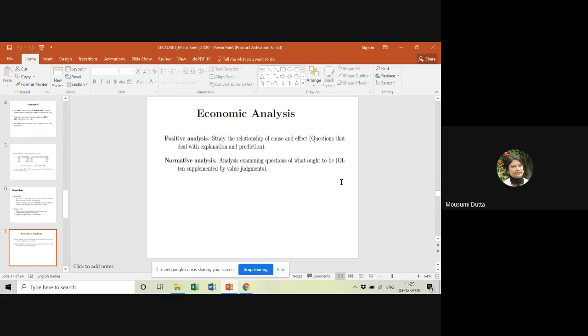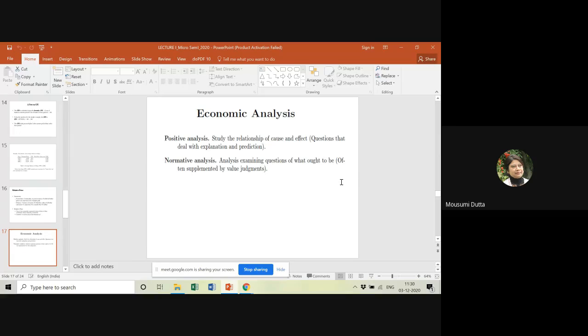What is positive analysis? It studies the relationship of cause and effect, questions that deal with explanation and prediction. If this is the market price, how much will you buy? If this is the market price, how much will be sold?